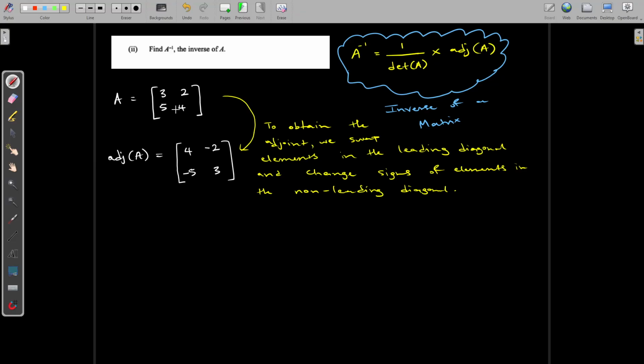So it'll swap the ones in the leading, but we'll change the signs for the ones in the non-leading. Alright, so that's the adjoint.